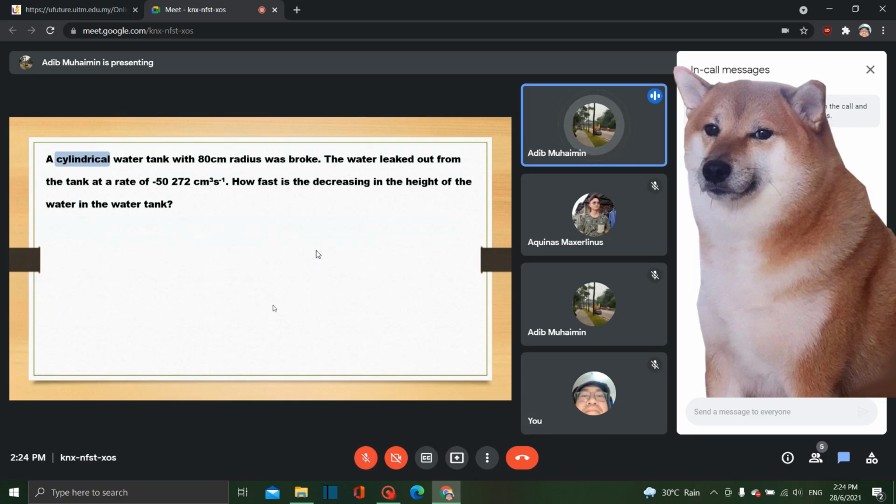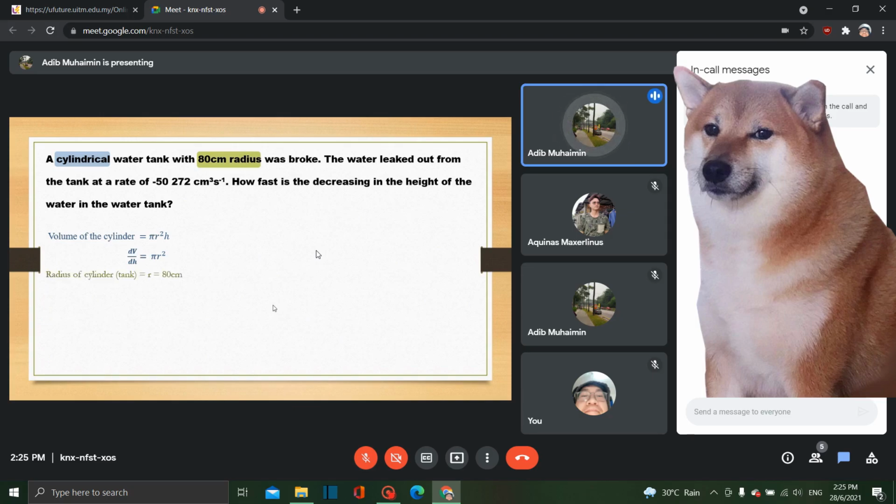The volume of a cylinder is pi r squared h, which is pi times radius squared times height, which we will differentiate, and it will be pi r squared. Next, we have 80 cm radius, which means it is r.